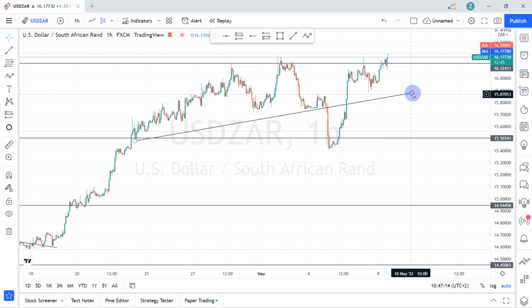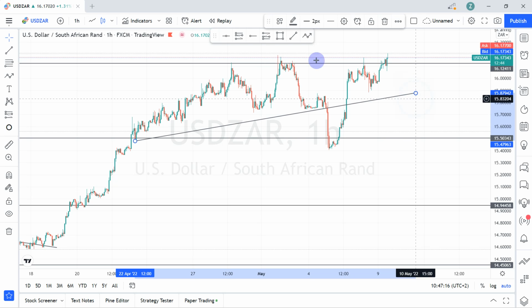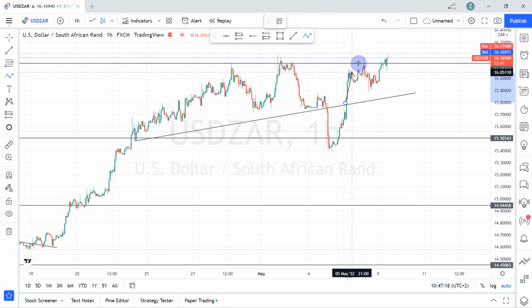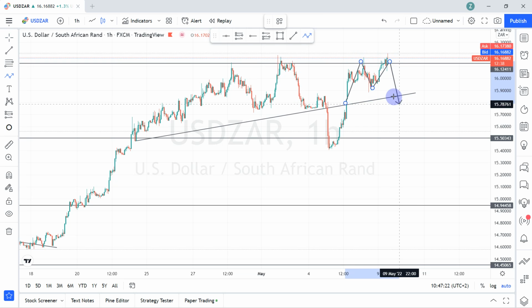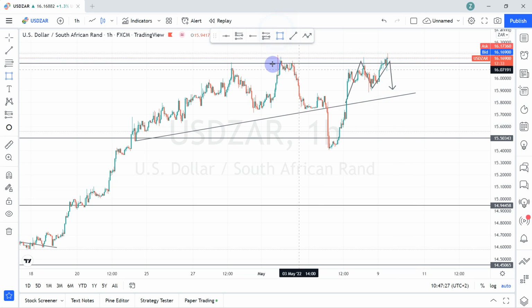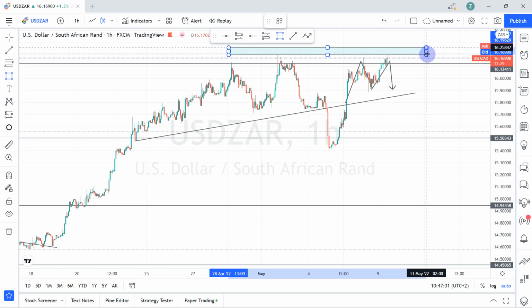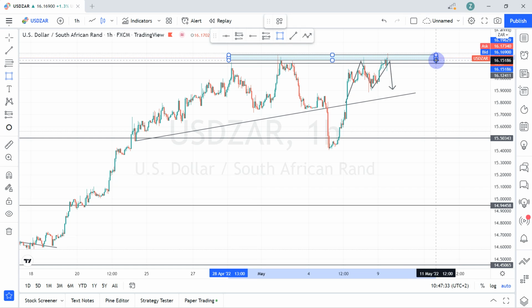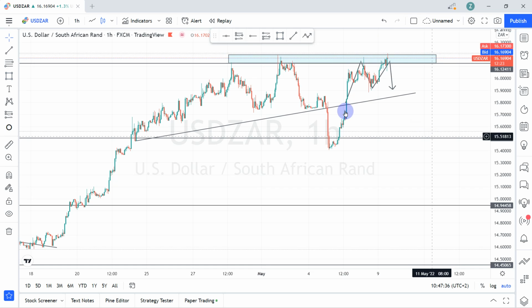So okay, let's keep it this way. Let's cater for our premature double bottom, right? And I also want to cater for this key level at this zone, sorry.